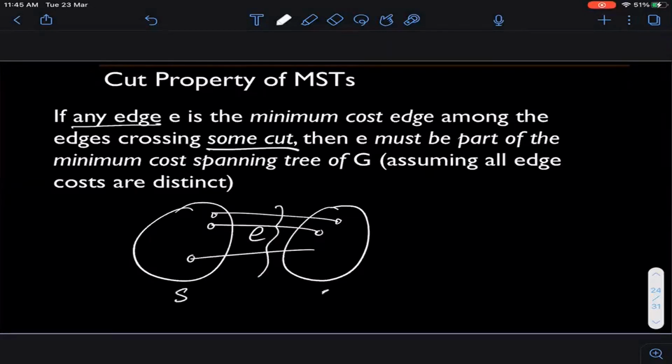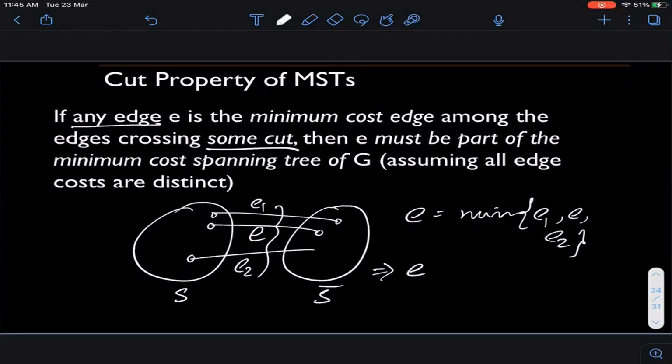So this is some cut S, S bar in my graph such that E is minimum among the, let's say E1, E, E2. So E equals the minimum among E1, E, E2. Okay, then this implies that E must belong to the MST. This is what the lemma is claiming.